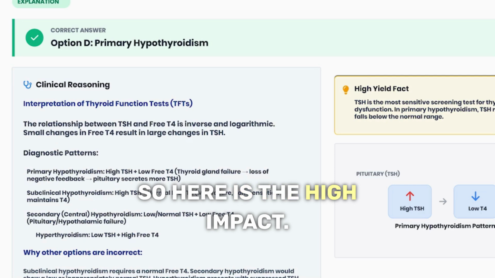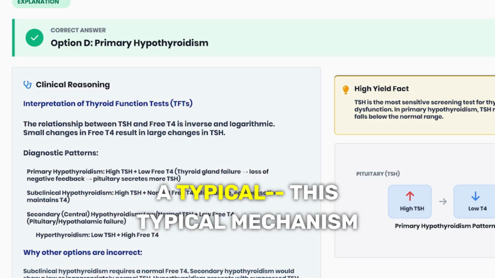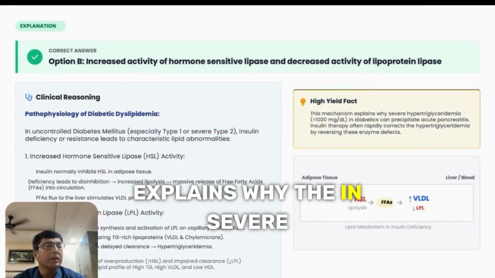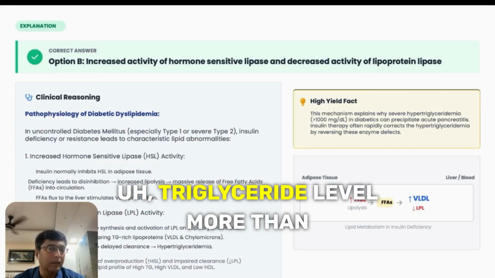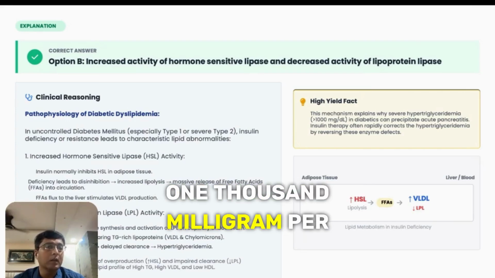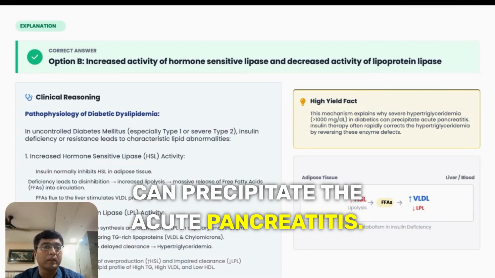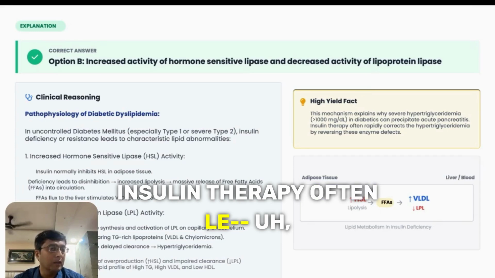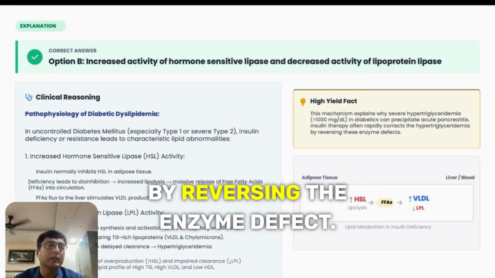So here is the high yield fact. This typical mechanism explains why severe hypertriglyceridemia, that is triglyceride level more than 1000 milligram per deciliter in diabetics, can precipitate acute pancreatitis, and in this case insulin therapy often rapidly corrects the hypertriglyceridemia by reversing the enzyme defect.